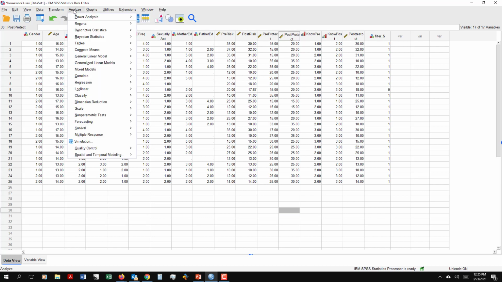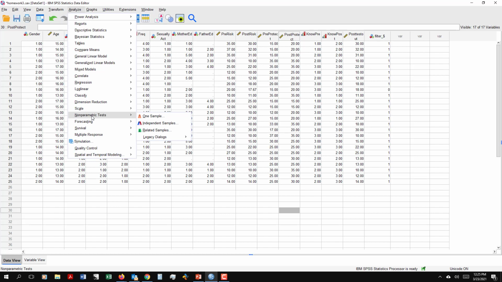What you're going to do in this one, you're actually going to run, I don't remember, I think it's in, I got to remember where it's at. It's in compare the means. I'm sorry, non-parametric test.